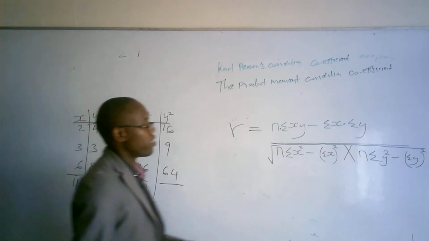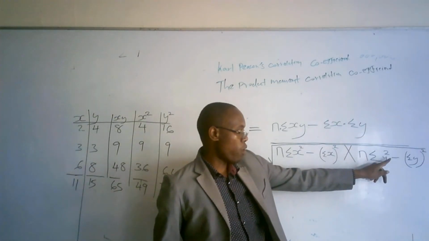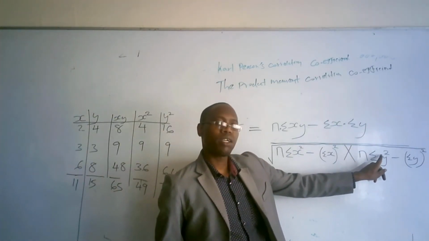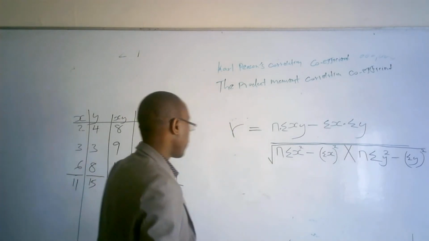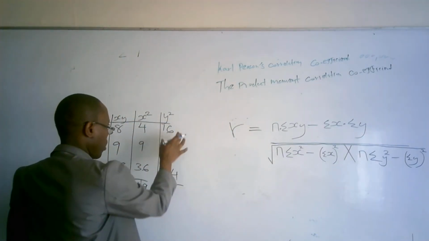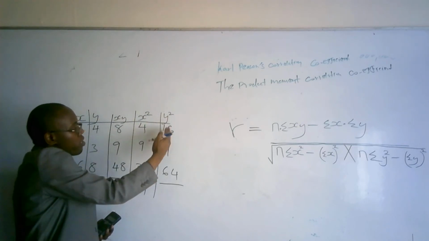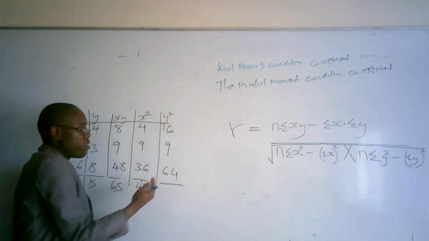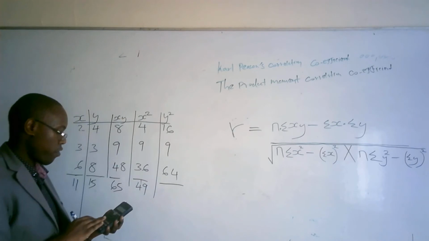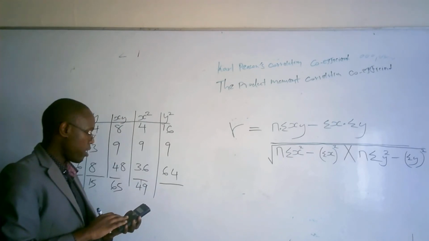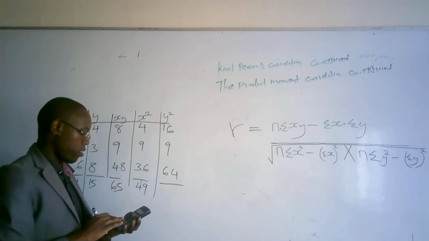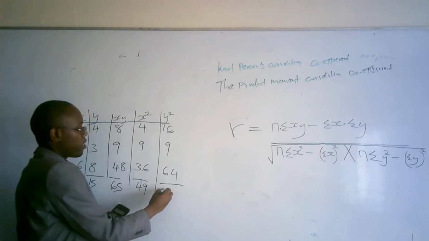The formula is stating here, we need to get the summation y squared. That summation y squared simply means that we come to this column of y squared and sum them up. So which is going to be 64, we add 9, we add 16, and then we get 89.